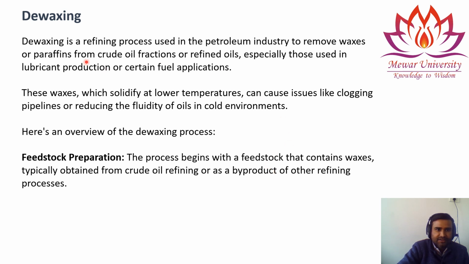The current topic is dewaxing. So we will come to understand in more depth what dewaxing is and why this is done in the refinery. Dewaxing is a refining process used in the petroleum industry to remove waxes or paraffins from crude oil fractions or from the refined oil, especially those used in lubricant production or certain fuel applications.